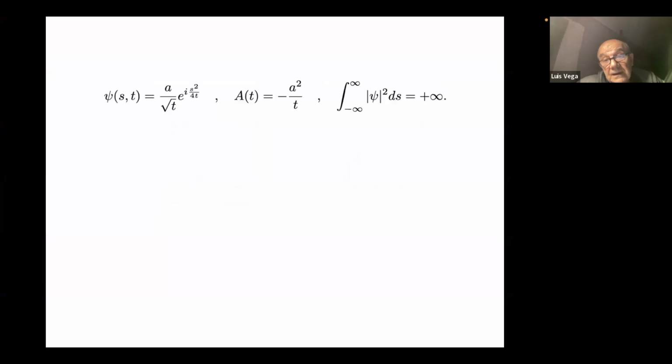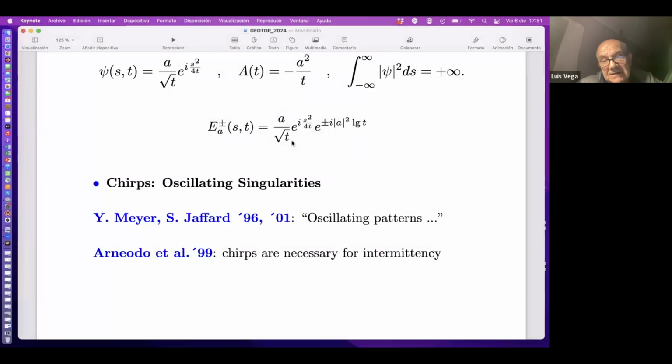So in this case, the solution will have this type of initial condition that is by no means in L2, because the modulus is constant here, and then it grows when t goes to 0. But this type of oscillations are very well known, and they are called chirps. And Meyer and Jaffard made a lot of results.